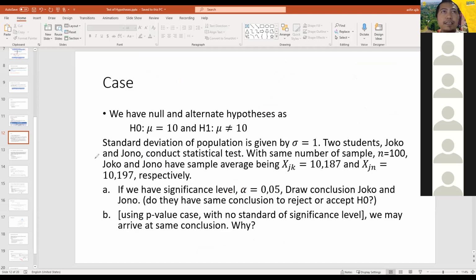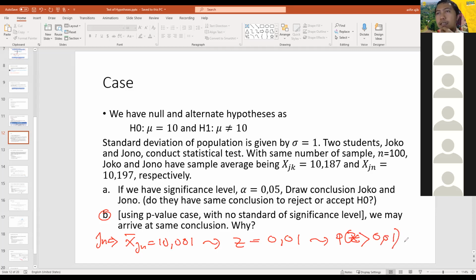So in this case, for the B case, from observation result, the X of Johnny is equal to 10.001, and then we arrive at the Z variable being 0.01, and it is equal to the probability for Z greater than 0.01, which is equal to 0.496.